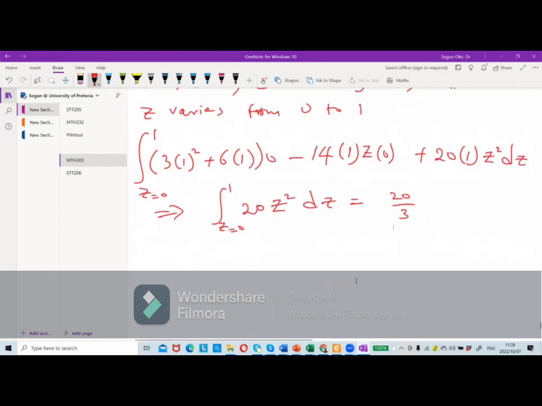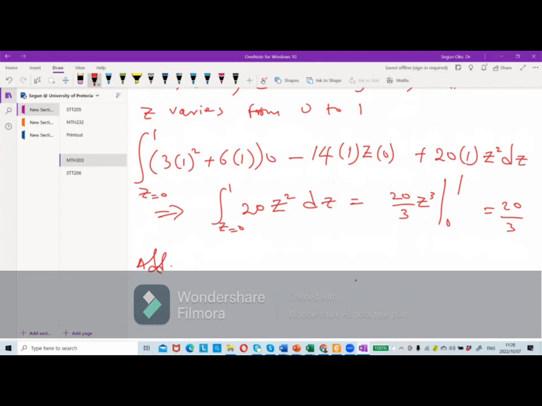Having done this, you have to add all. Remember that when you integrate this, you get z cubed. So at the end of the day, you have 20 over 3.